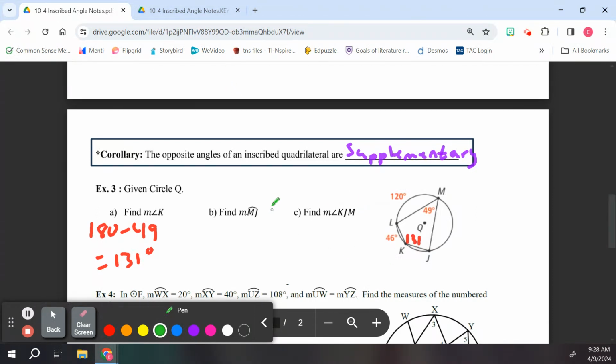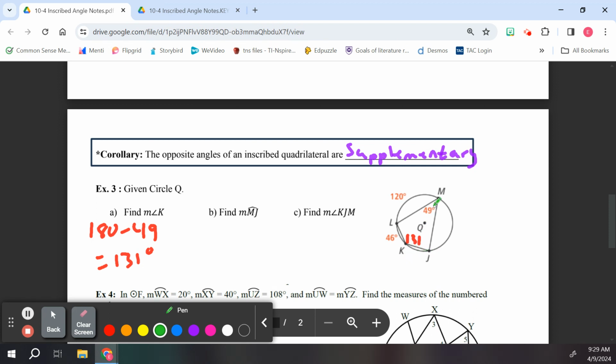They want us to find the measure of MJ. So here's M to J. Now, if we look at this, all we need to do here is figure out what this is, and then we can find out what MJ is. Now, this LMJ is an inscribed angle. So which means if this is 49, arc L to J is what?